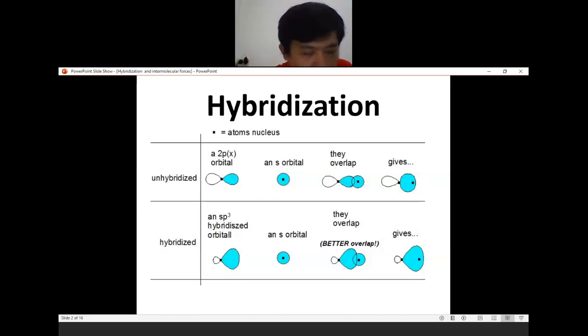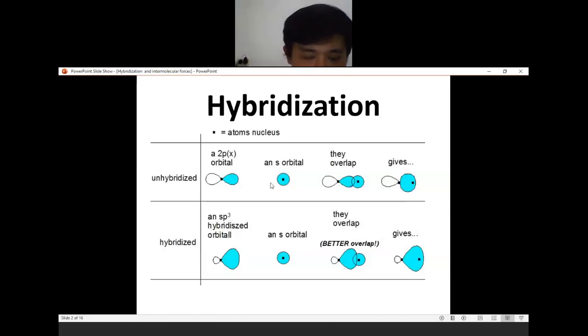In order to make a bond, they have to overlap. In the unhybridized case, if they overlap, they will give this structure. The structure is not the best. Why? Because the p is still dominant over this one.